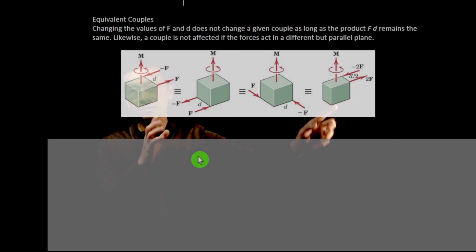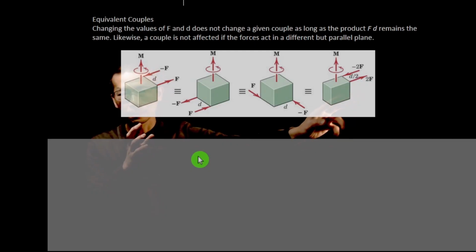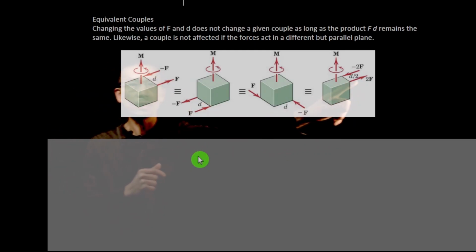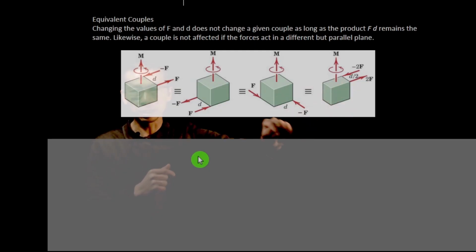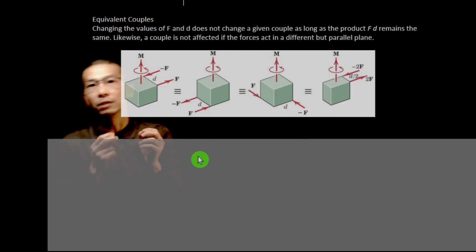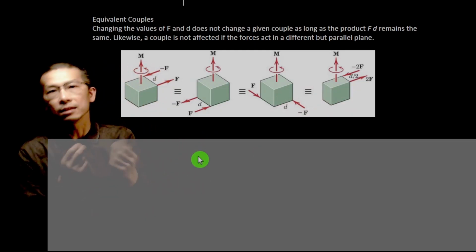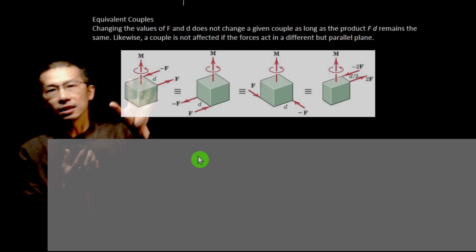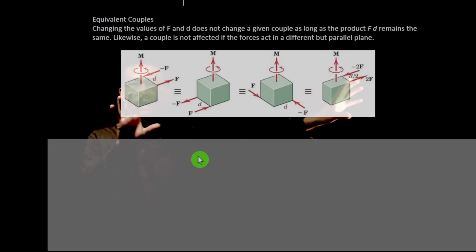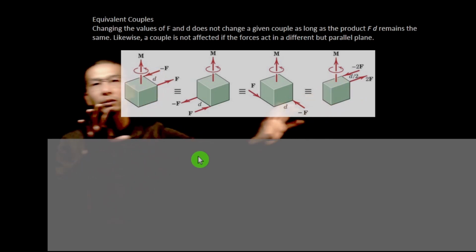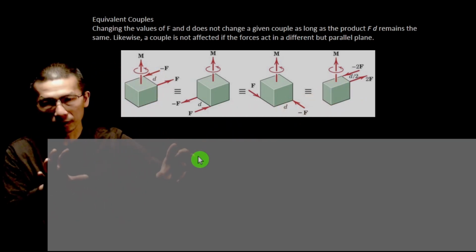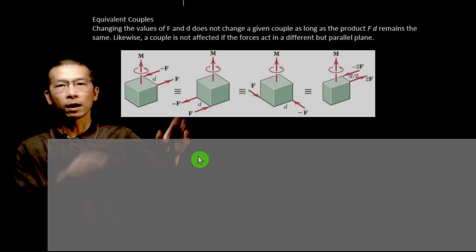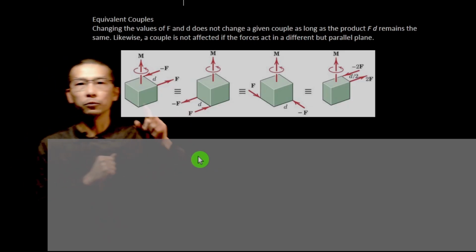So d and F changed, but the product F times d is the same. d over 2 times 2F is also Fd. So the magnitude Fd is the same, right? So this scenario and this scenario, they both have the same couple. Similarly, this one and this one.